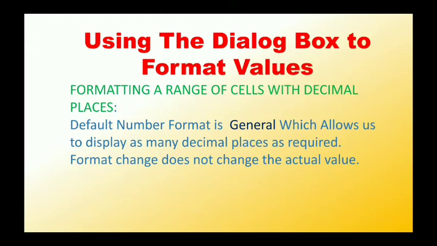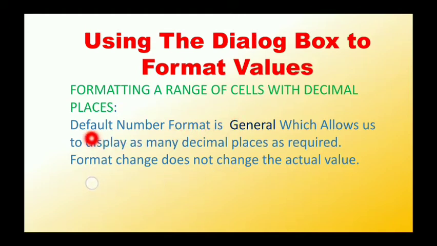So now, formatting a range of cells with decimal places. The first type of formatting that we are going to do is decimal place formatting. For example, we have a decimal number, and in that decimal number there can be many decimal places.